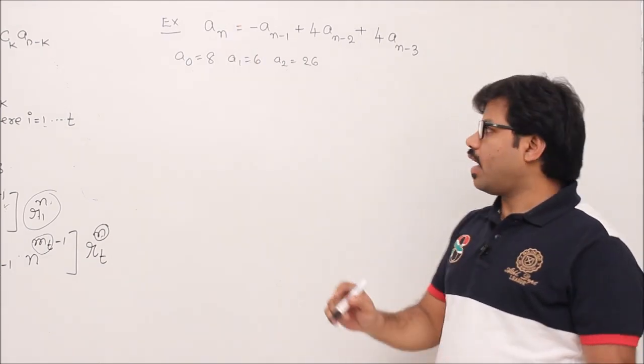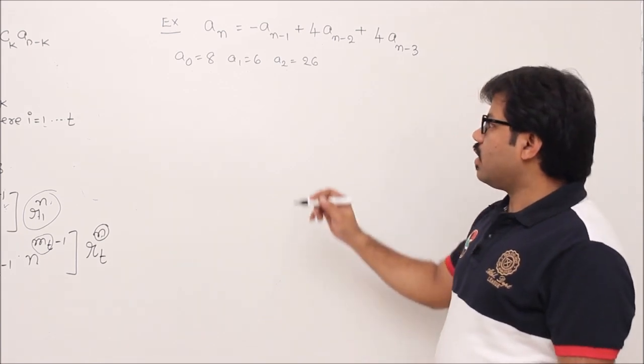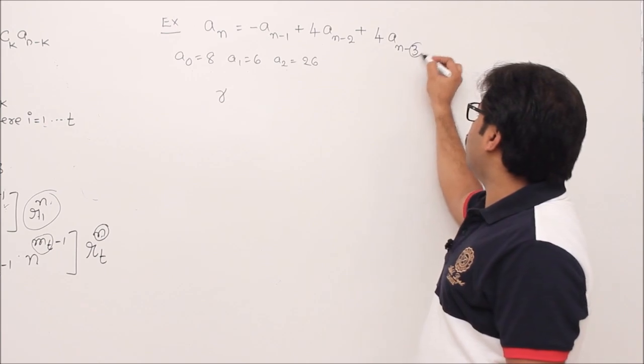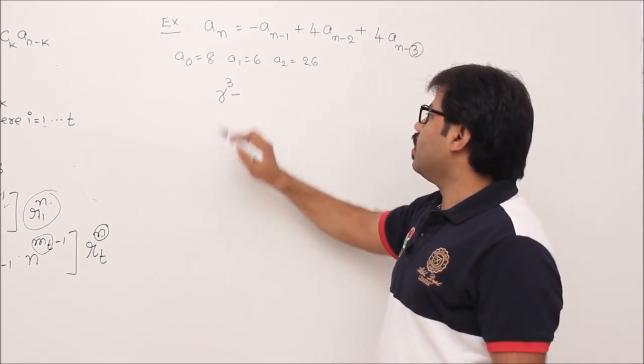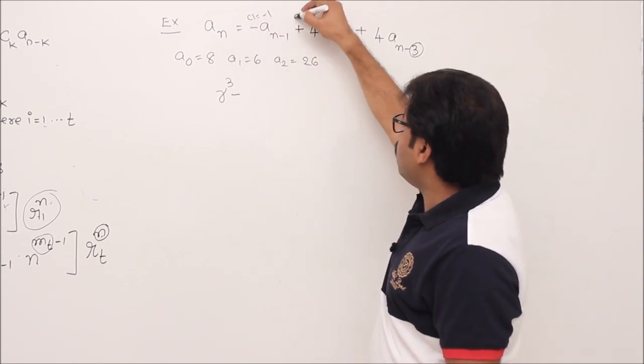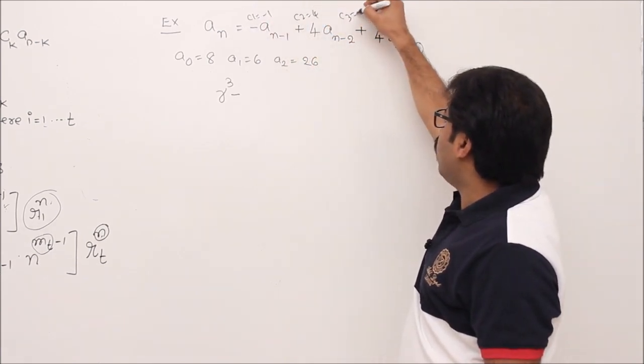First we have to identify the characteristic equation. So what is the characteristic equation for this one? The order is 3, that's why it will be r cube minus c1 r square minus c2 r minus c3. So let me identify the constants: c1 equals minus 1, c2 equals 4 and c3 equals 4, right?